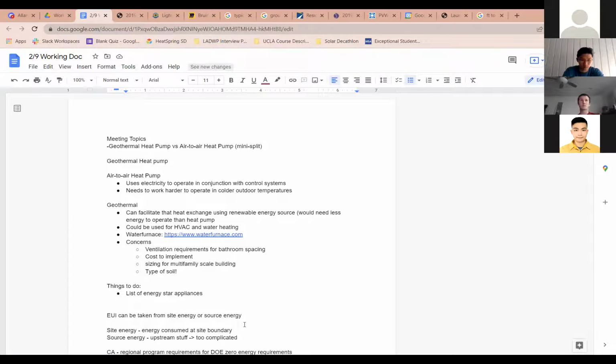So this geothermal system that I'm proposing to implement into the design would essentially utilize the consistency in temperature about 6 to 10 feet below the Earth's surface, and use that as either your hot or cold source in the heat exchange process.